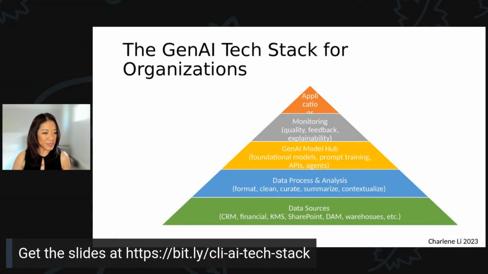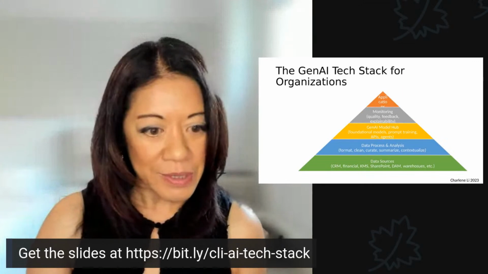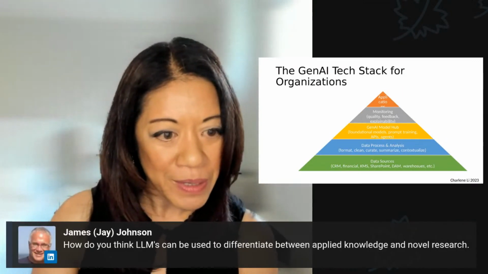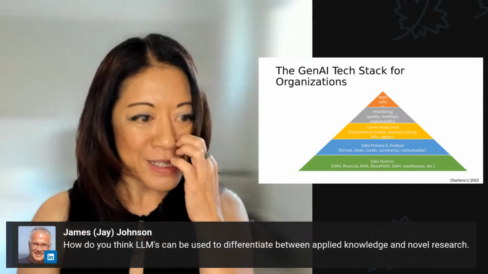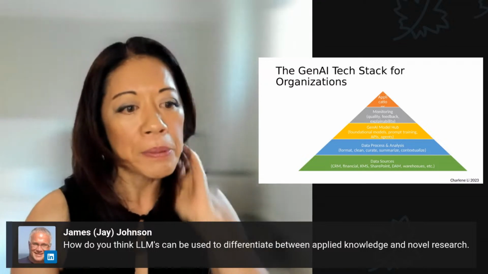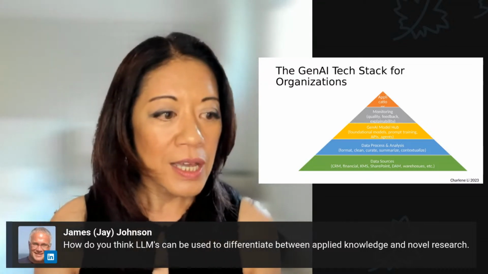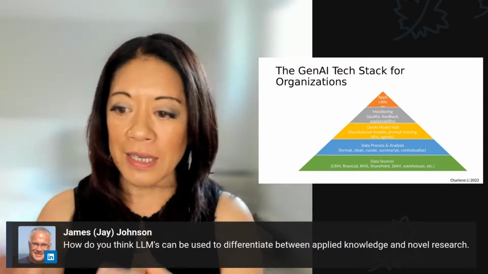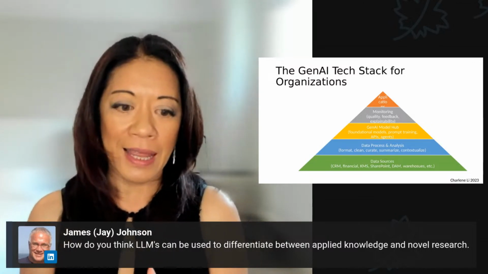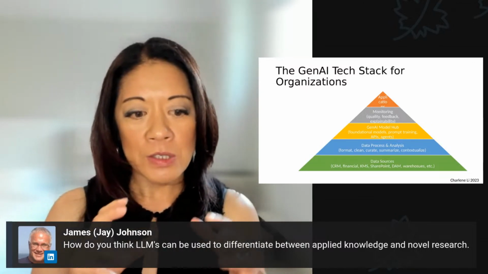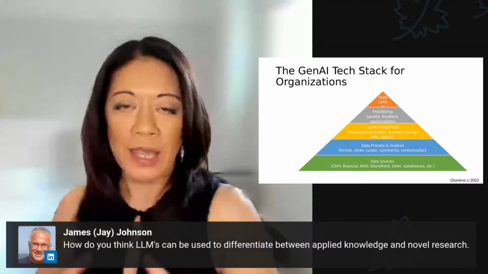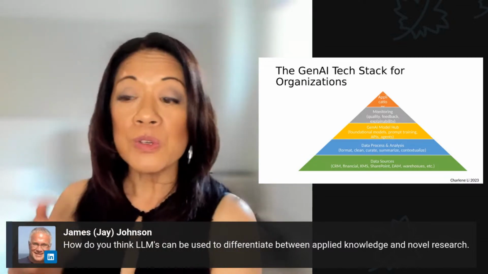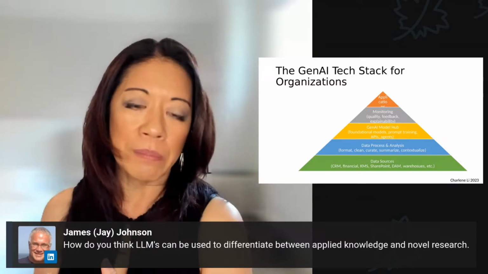And I just want to see if there are any other comments here. Let's see. We have a question from Jay. How do you think LLMs can be used to differentiate between applied knowledge and novel research? Again, I think that's one of the key things in data processing and analysis. It's looking at the knowledge that you have inside the organization, understanding the context of how it's being applied.